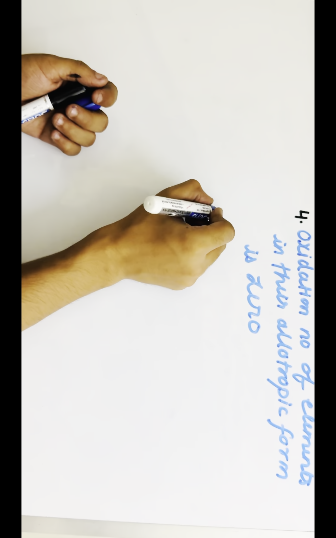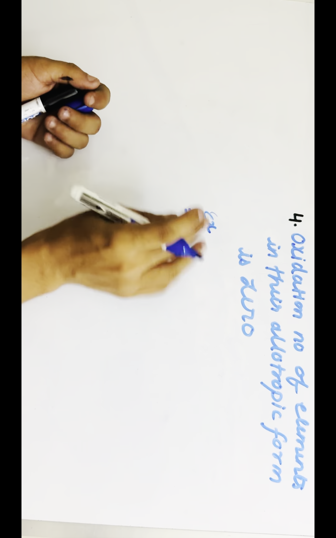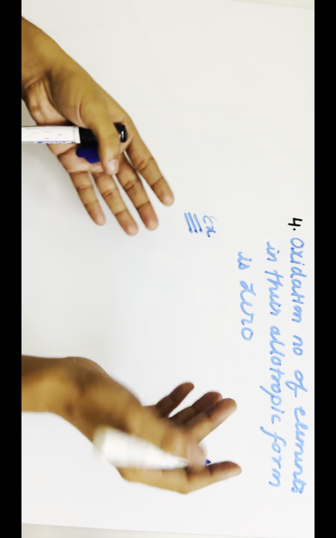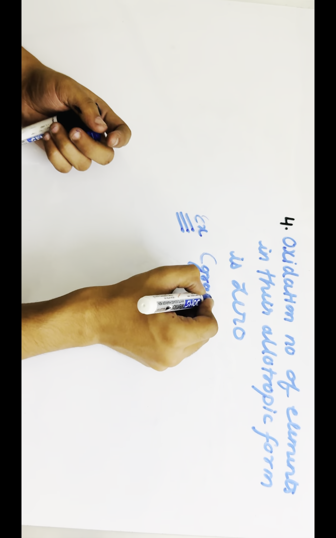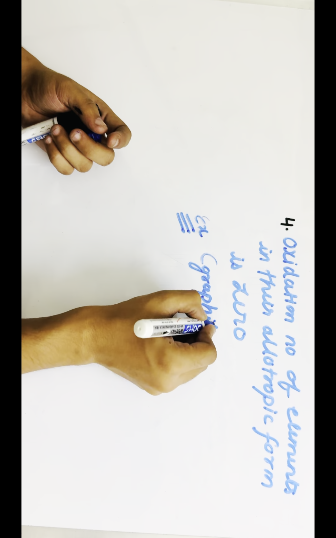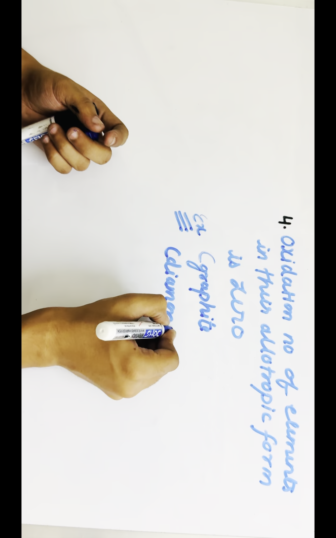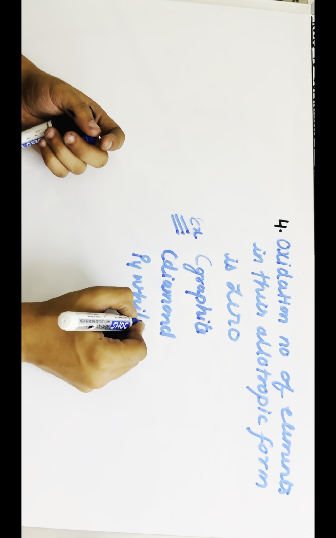So I'm giving you three examples, and after these three examples you don't need to worry. Just keep these examples in your mind: C graphite, which is an allotropic form of carbon; C diamond; and P white, phosphorus white.